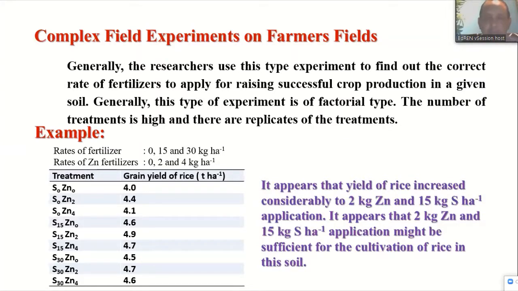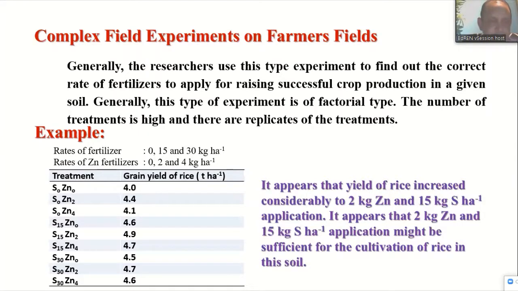And here it appears that the yield of rice increased considerably with 2 kg zinc and 15 kg sulfur. So yield increases up to 4.9.